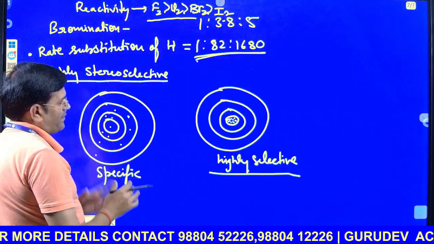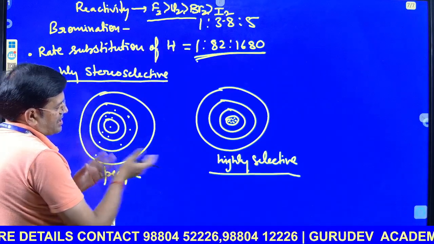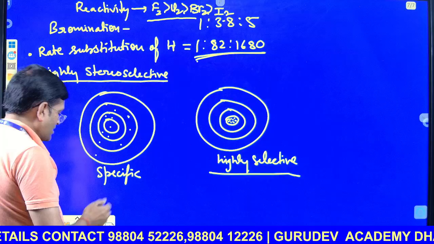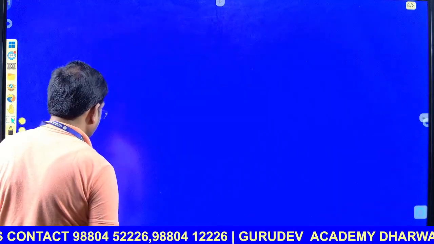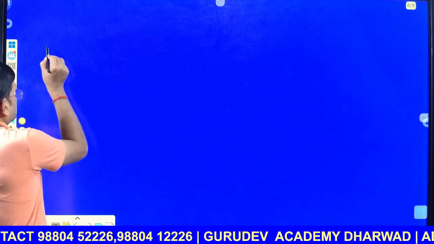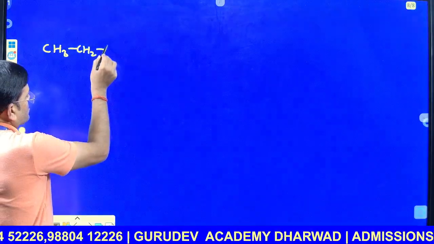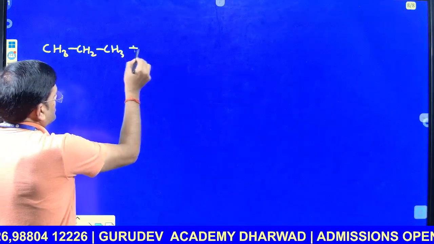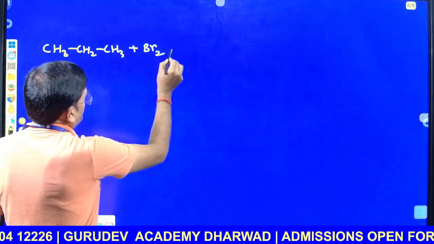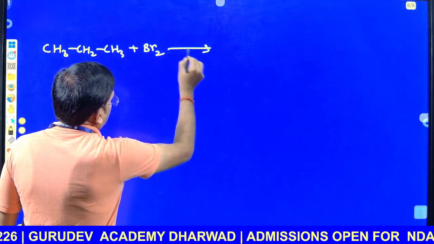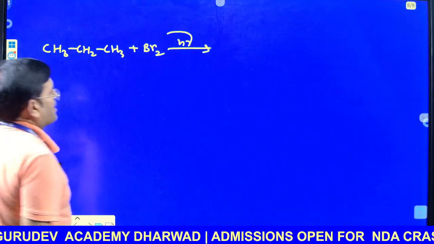And now when we carry out the bromination, the same you can understand with ease also. Just see, suppose you have CH3, CH2, CH3. Now this time you are carrying out bromination in the presence of sunlight, right?